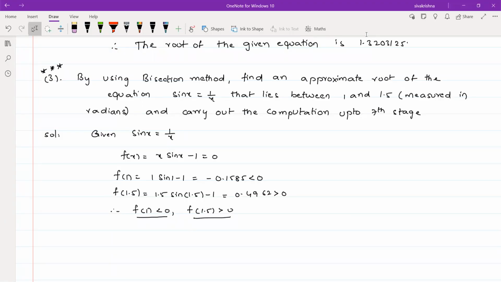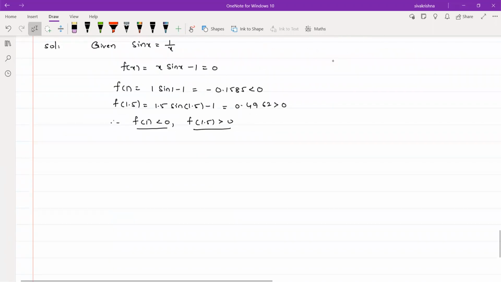Now we can find the first approximation between 1 and 1.5. Before that, whenever we have two numbers of opposite signs, by the intermediate value theorem one root lies between 1 and 1.5.